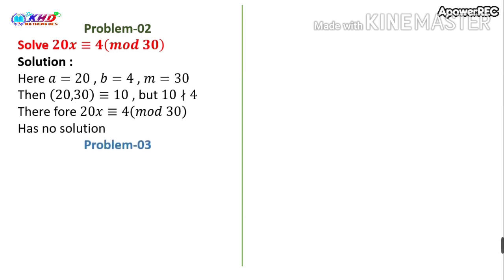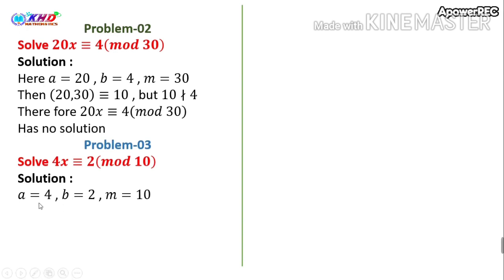Now come to problem number 3. Solve 4x congruent to 2 mod 10. Solution: a value is 4, b value is 2 and m value is 10. First condition, we have to find the GCD of a and m.